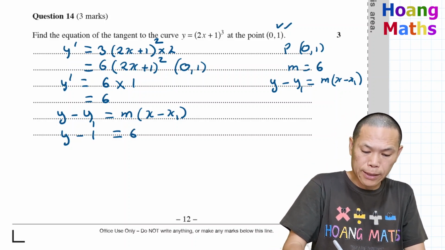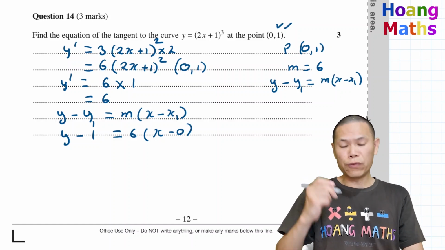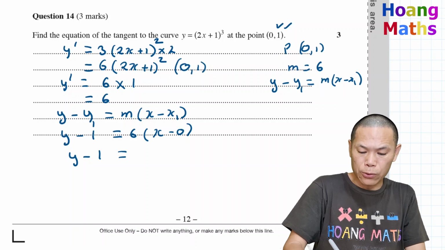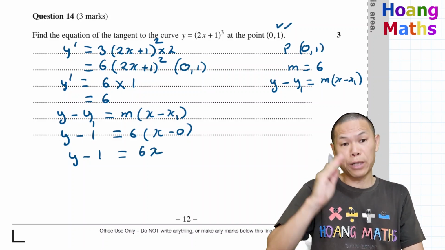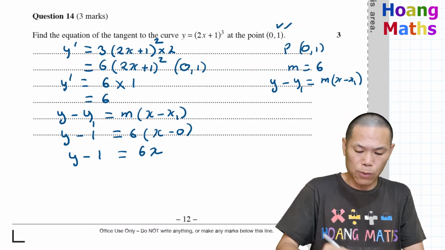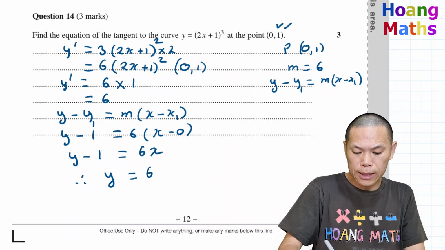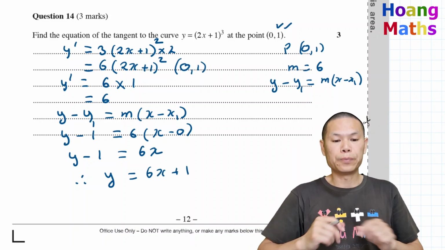So m is 6, and then x minus 0. And I just remove the brackets. So that gives me y minus 1 is equal to 6x. And I move the negative 1 to this side, so it becomes 6x plus 1. So therefore, the equation of the tangent is y = 6x + 1. So there you go.